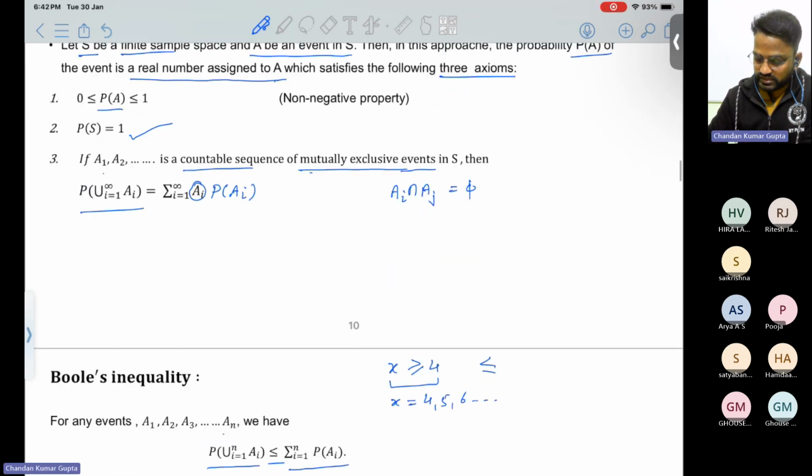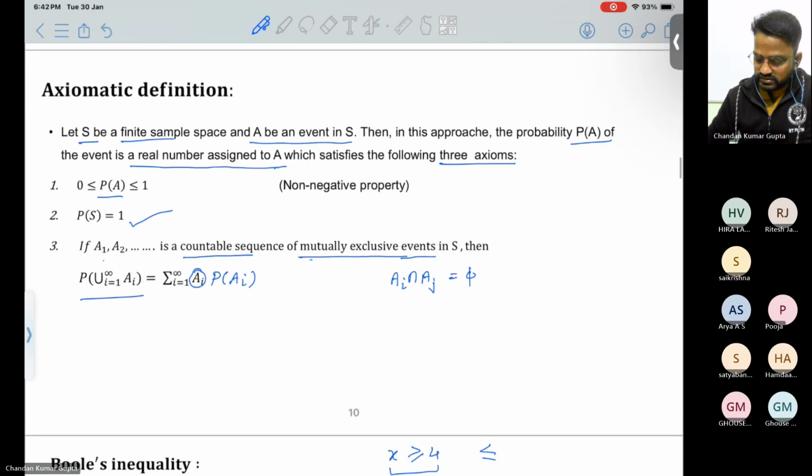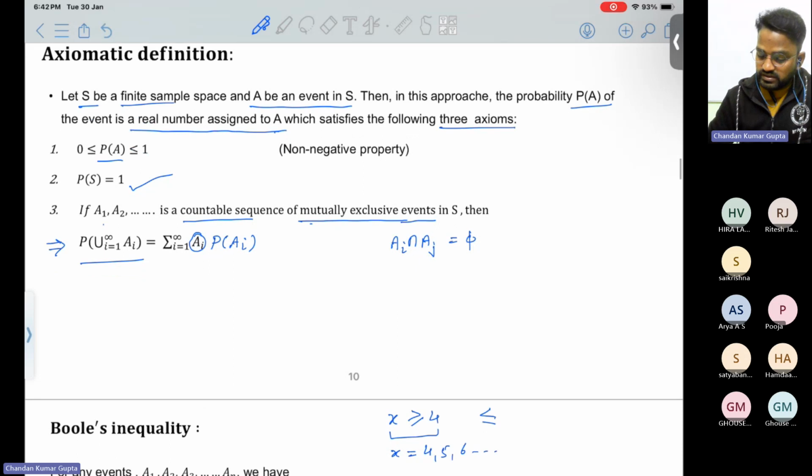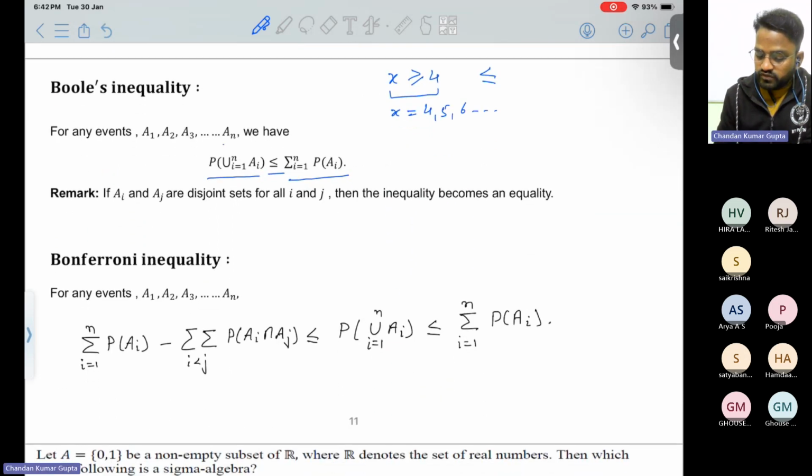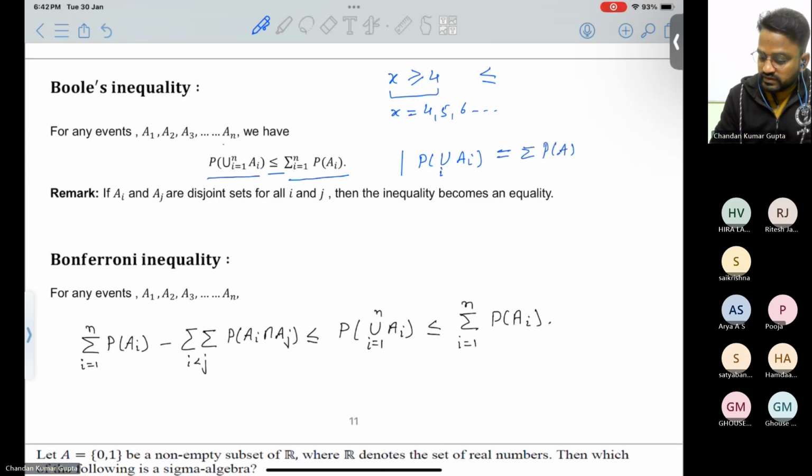We have seen the third axiom of the axiomatic definition. In the axiomatic definition, the probability of the union of Ai equals the summation of the probability of Ai.